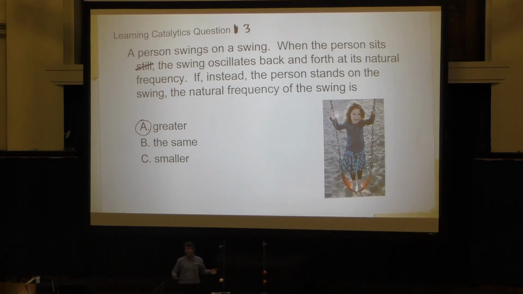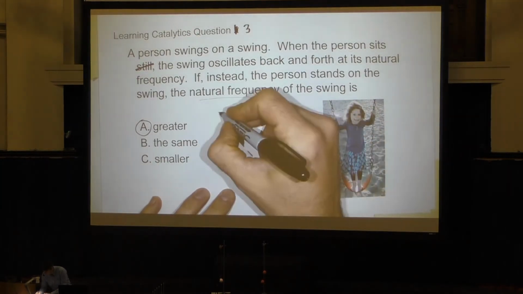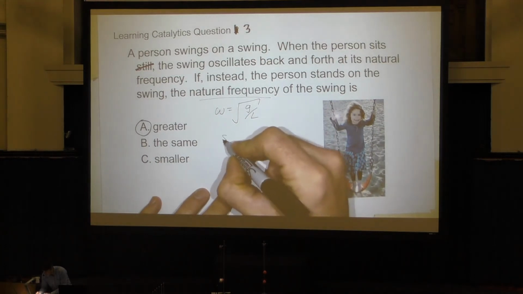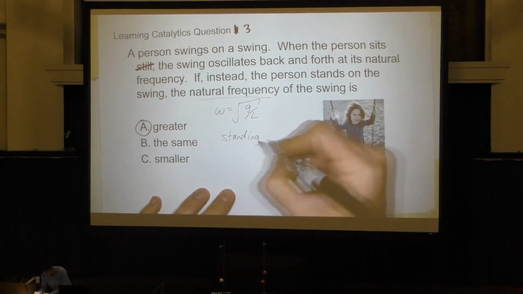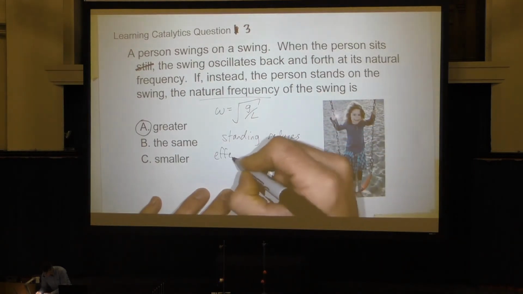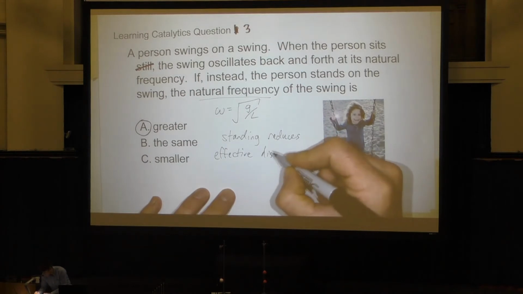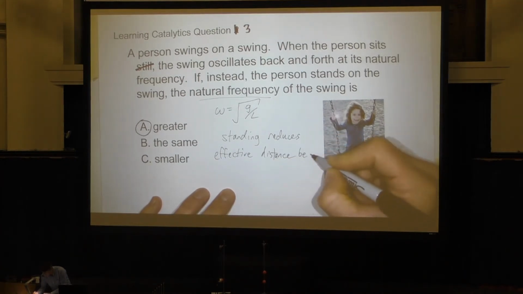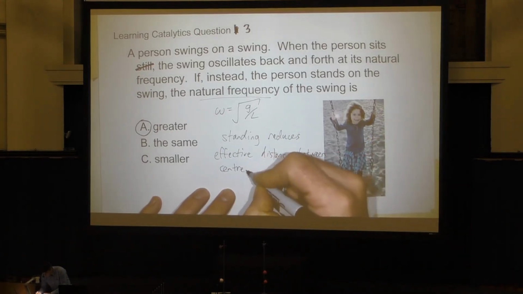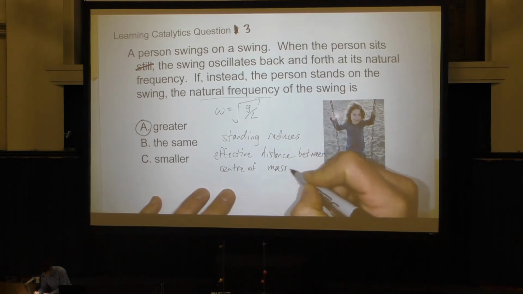So I think what happens is that her center of mass gets closer to the pivot point, thereby reducing capital L. Remember, the natural frequency is omega equals the square root of g over L. So standing reduces the effective distance between the center of mass and the pivot.